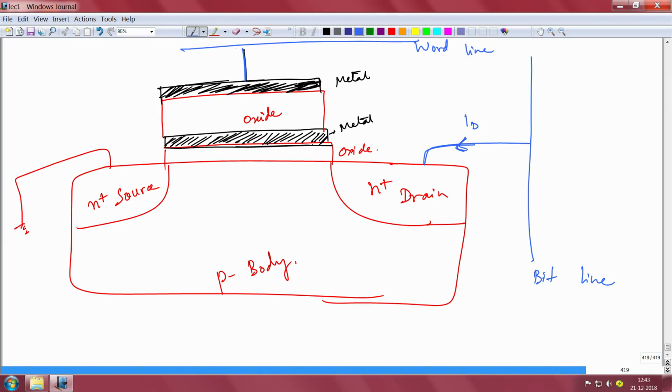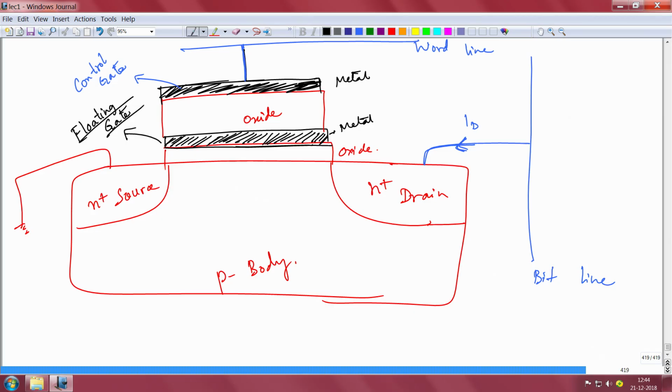This is the bit line and this is the word line. We call this top metal the control gate, because that's where you are applying the word line. But this one over here, sandwiched between two oxide layers, is actually called the floating gate. The floating gate actually is floating, so it's actually not doing anything.